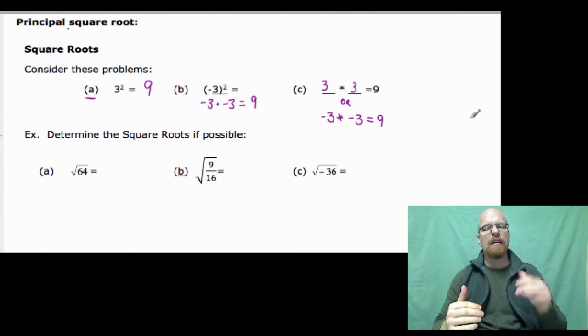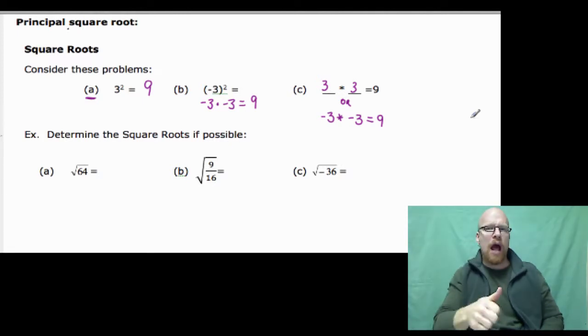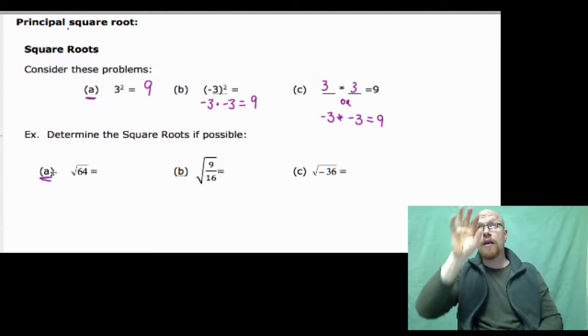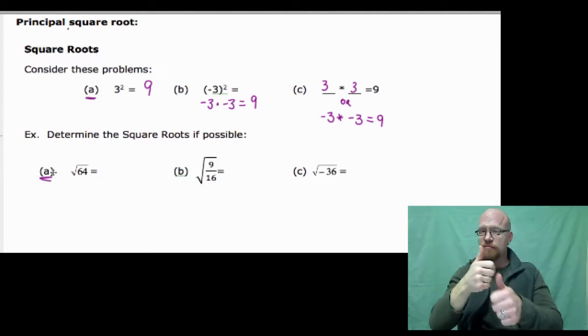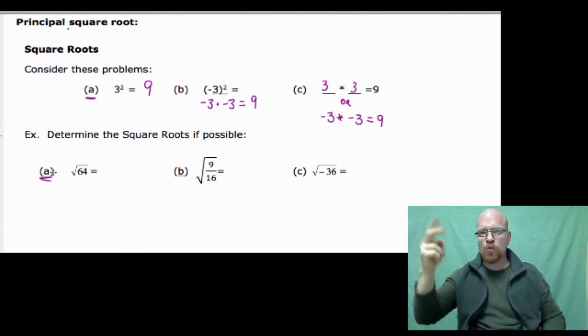Now we'll look at the next 3 examples. We'll see if they are perfect squares or not. So A. Now if you think about perfect squares, 1 squared, 2 squared, I would recommend you kind of study those and know those. Make a table for yourself.